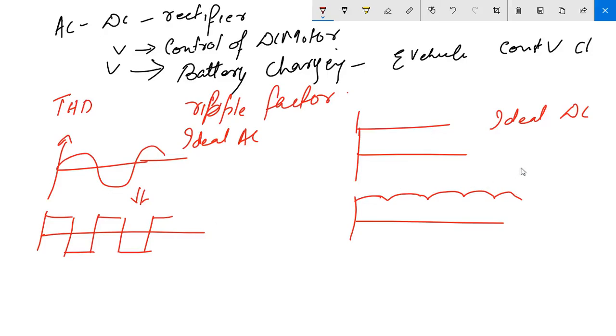So when you are changing from the ideal nature, there will be some harmonic content or uneven content that you don't want. That uneven content we have talked about in Fourier series.